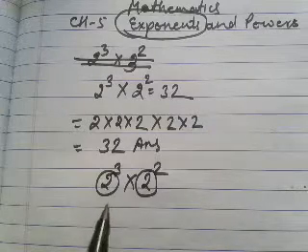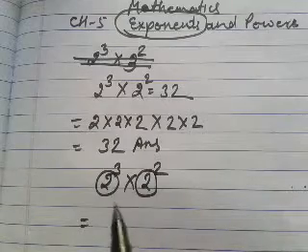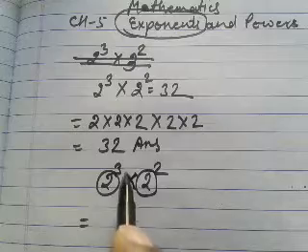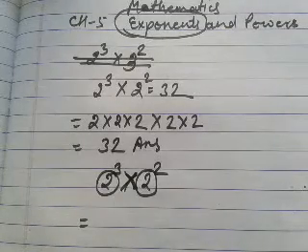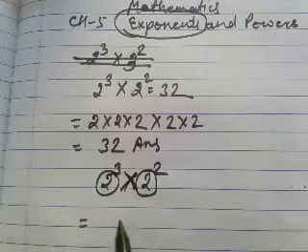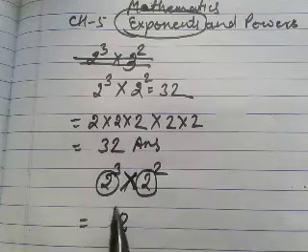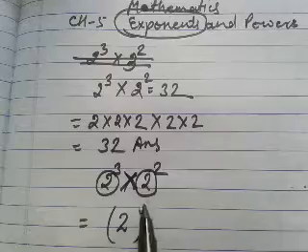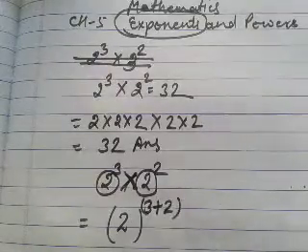So if an expression has the same base and there is a sign of multiplication between these two, we can take 2 as a common base, and in case of multiplication the powers are added.